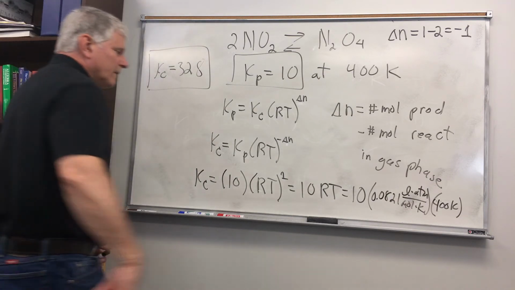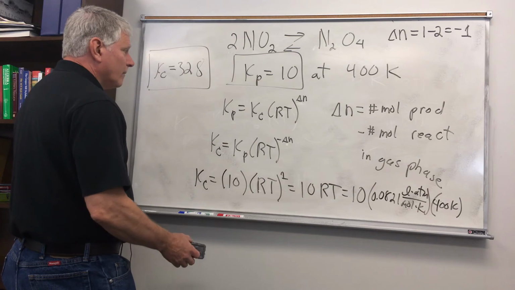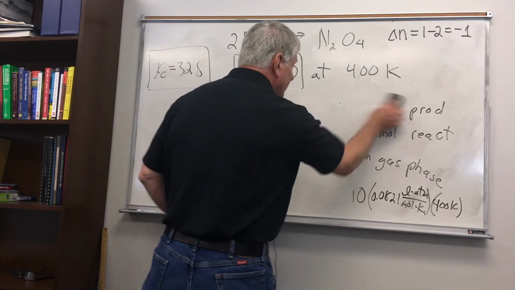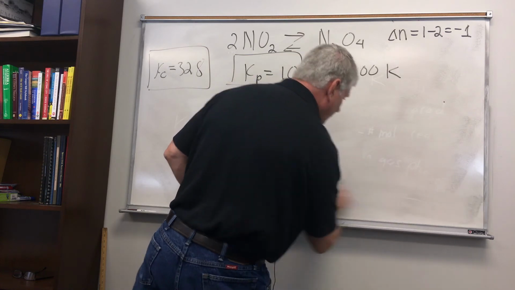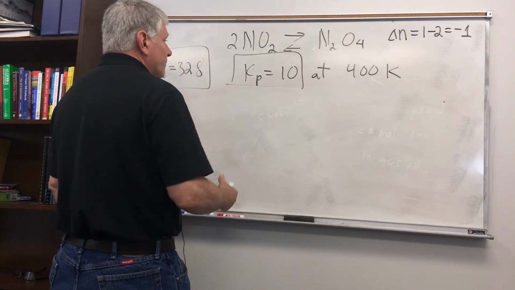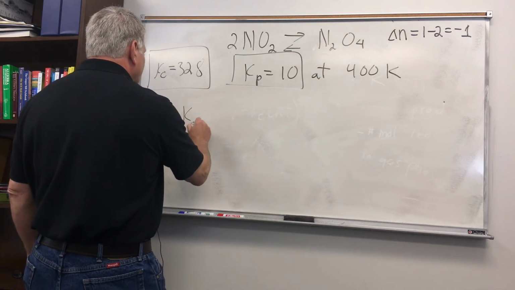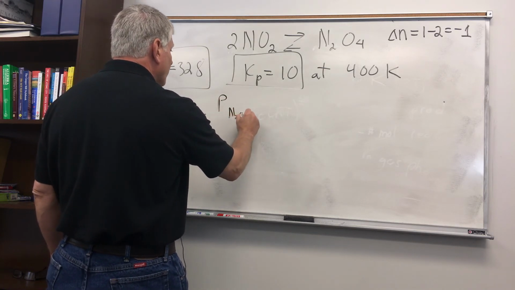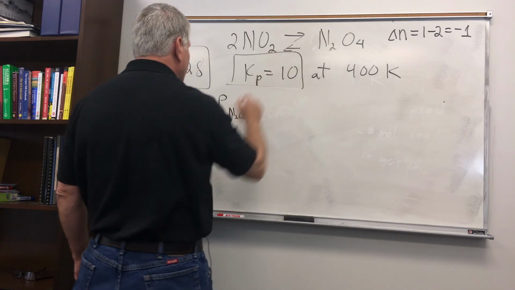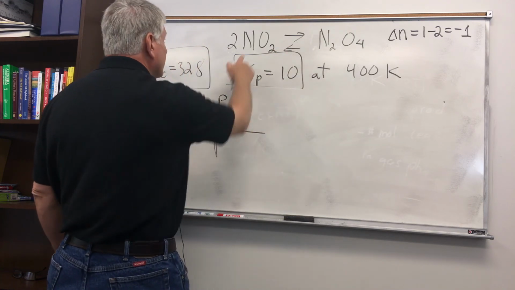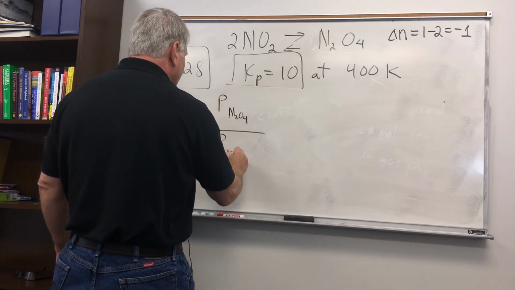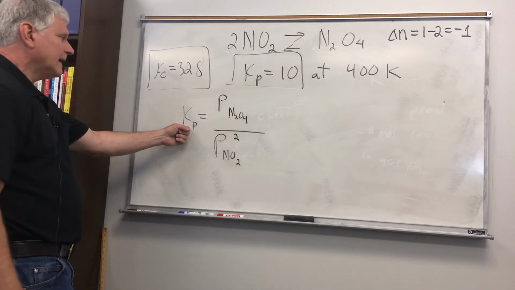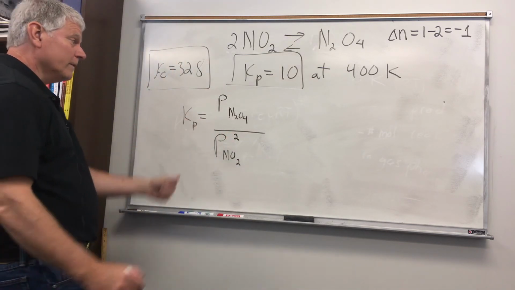So now the form of the equilibrium constant, remember, is the amounts of products over reactants. So Kp is the pressure of N2O4 raised to the first power divided by the pressure of reactant NO2 raised to the second power. So that's Kp in our abbreviated form.